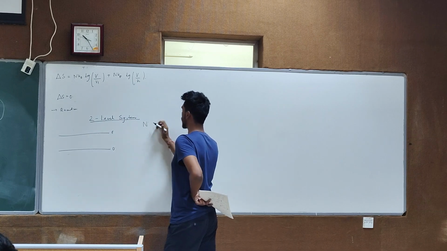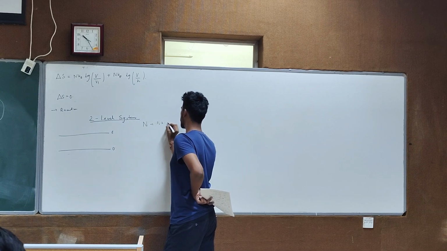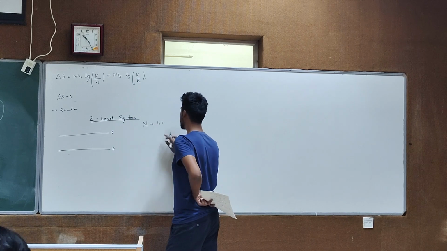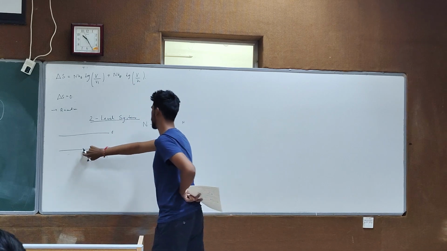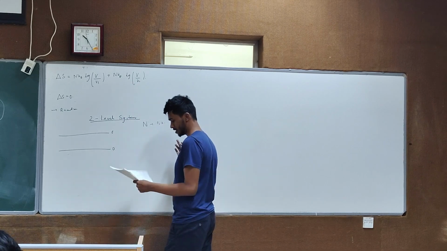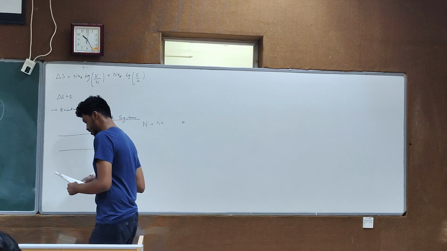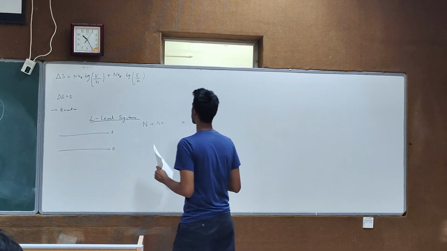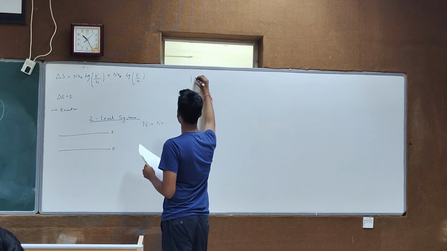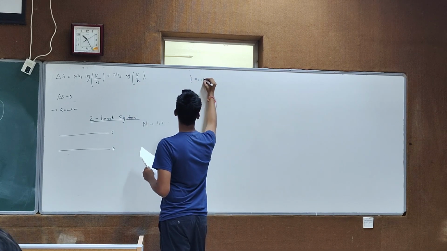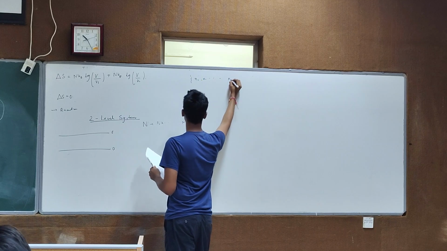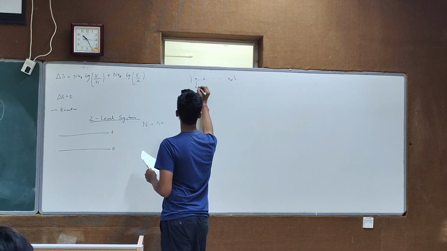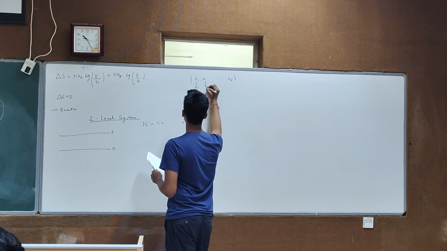So you can number the particles 1 to N, and these are distinguishable particles. One can have energy 0 or epsilon, two can have energy 0 or epsilon, and so on. So what is the microstate of the system? The microstate of the system would be the set of all n1, n2 to nN, where all these can be 0 or 1.